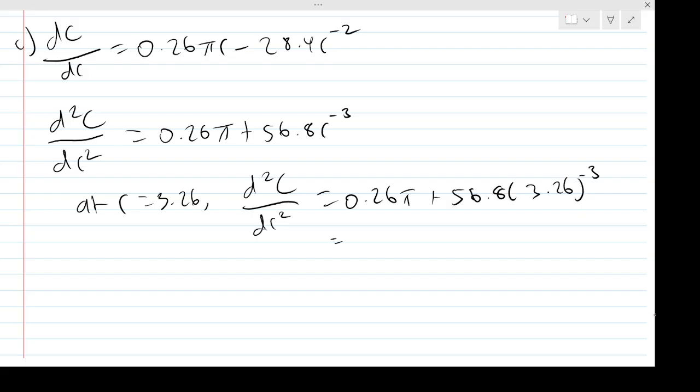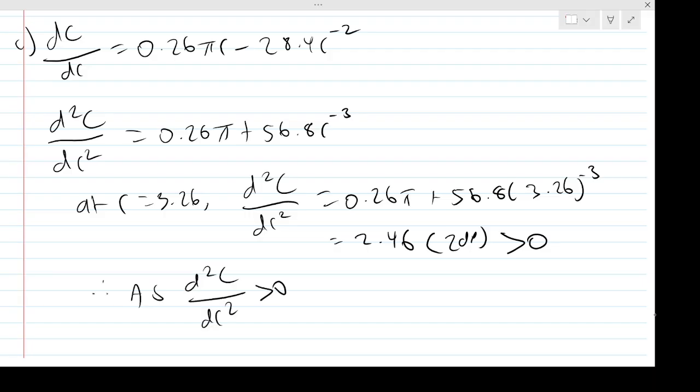If I put that in the calculator, I get 2.46 to 2 decimal places. That is clearly greater than 0. It's positive, so since the second derivative is positive, that has to mean it's a minimum. Then r, which is 3.26, is a minimum.